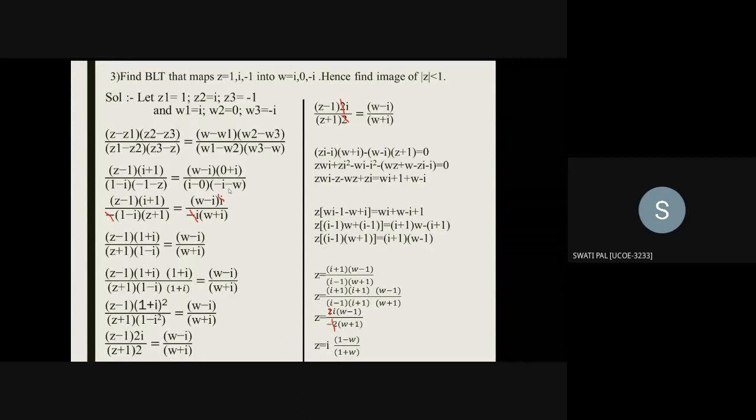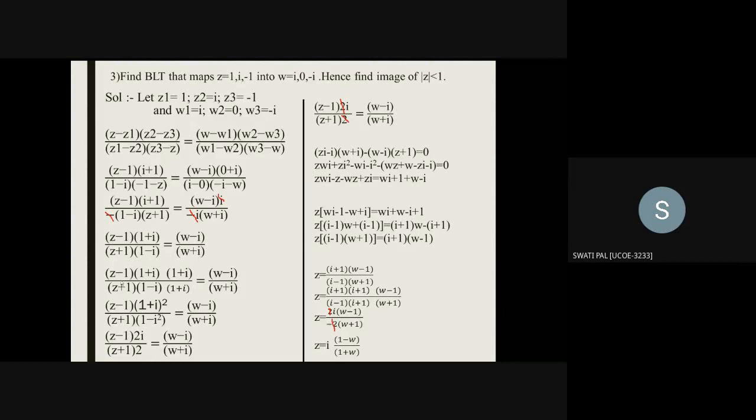In the next step, for simplification, in the denominator of both sides we will take the negative as common, and on the right hand side, i and i get cancelled out. So we get the equation (z - 1)(1 + i) upon (z + 1)(1 - i) equals (w - i) upon (w + 1).